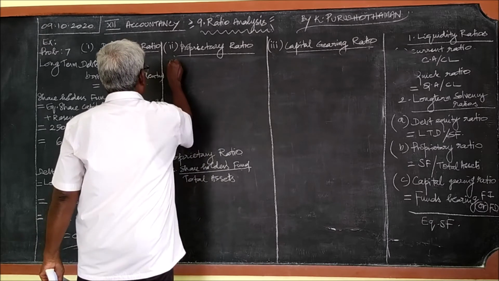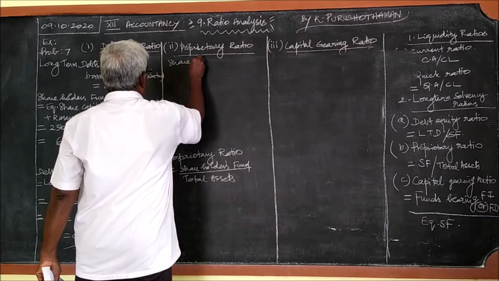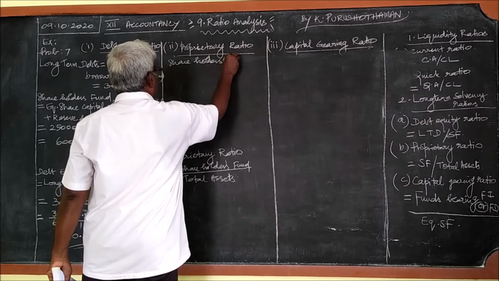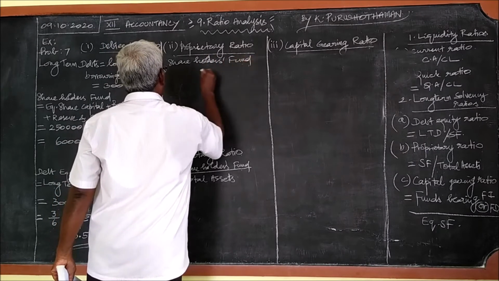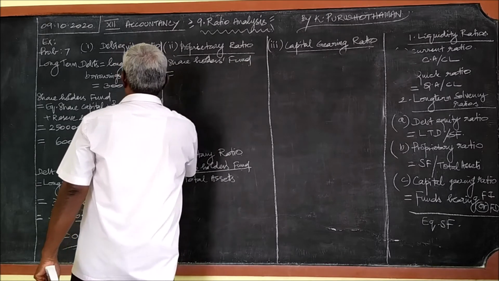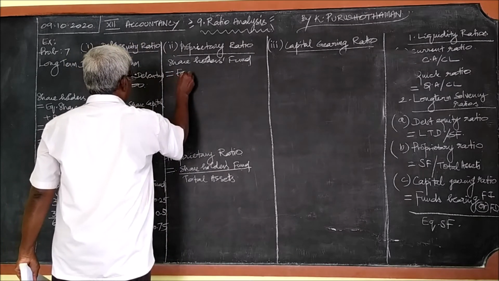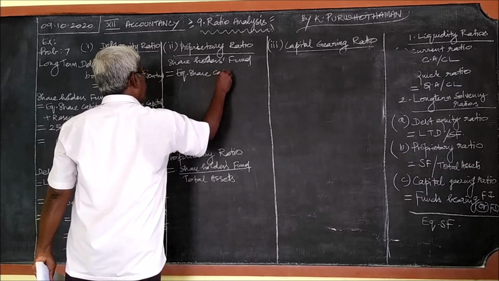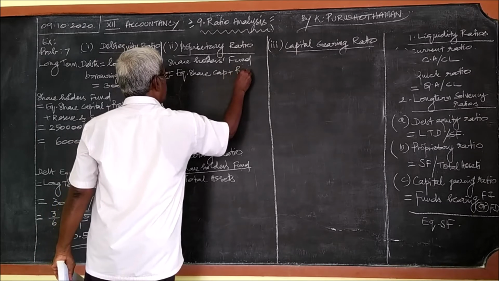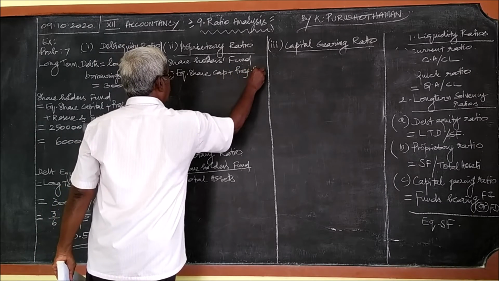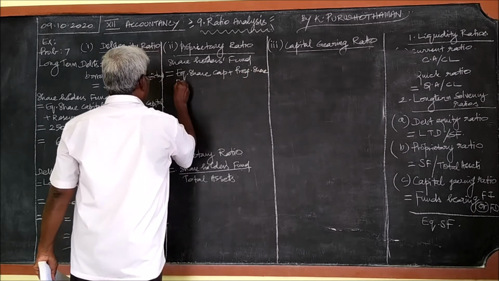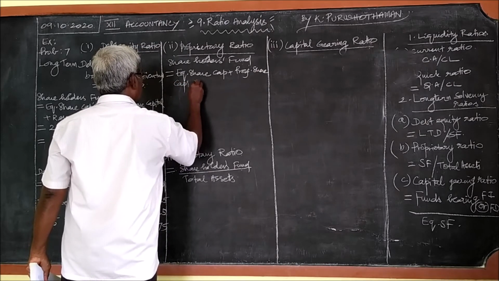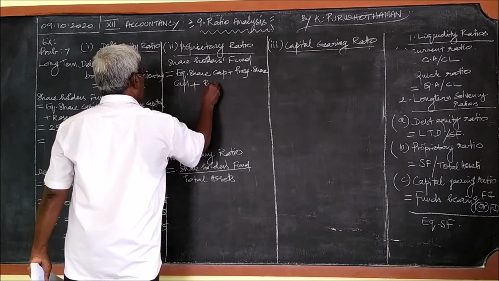That is numerator, shareholders fund. Shareholders fund given here already, we have done it. Anyhow, you do once again. Share capital plus preference share capital plus reserves and surplus.